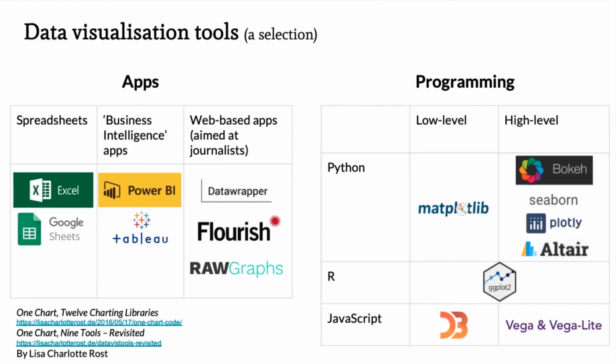D3 is the low-level JavaScript visualization library where you have a whole universe of options in how you want to visually present your data and design your visualization, but you're writing a lot of code. But there are also more abstracted libraries like Vega and Vega Lite, which are good for making quicker standard graphics.